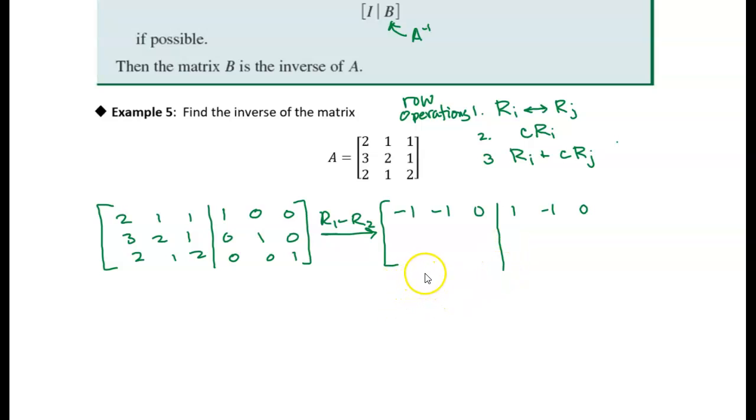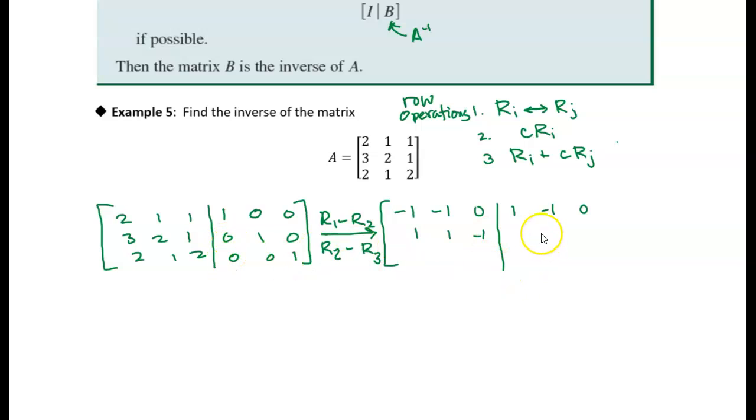All right. So let's see. It would be nice to have some more 1s. I'm actually going to take row 2 and subtract row 3, and I'll get another 1. So I'm going to take row 2 minus row 3 at the same time. 3 minus 2 is 1. 2 minus 1 is 1. 1 minus 2 is -1.